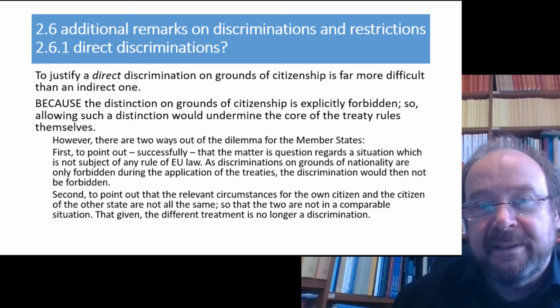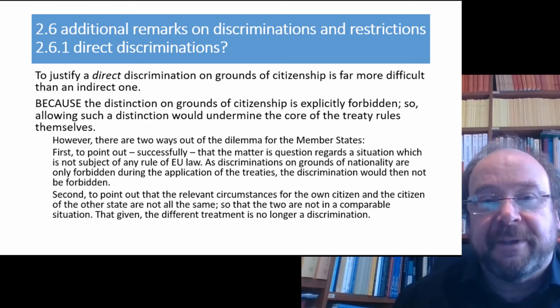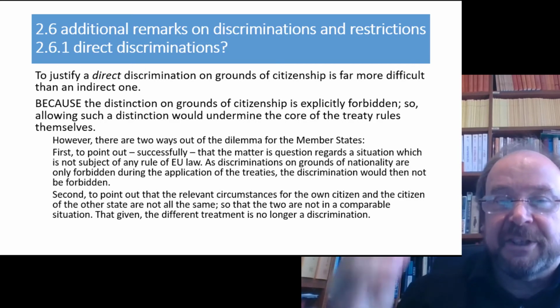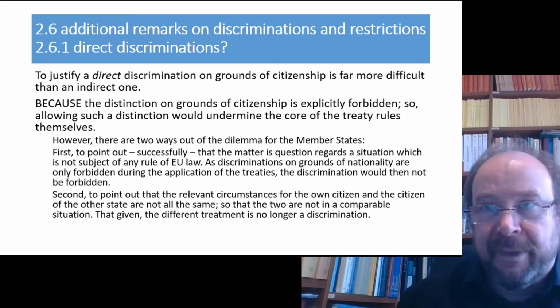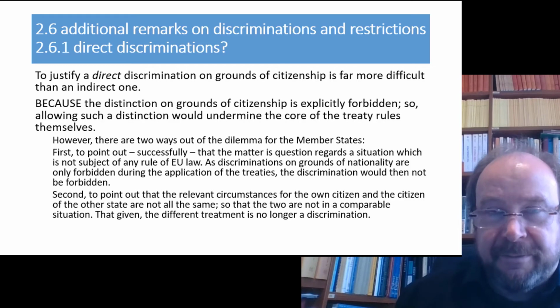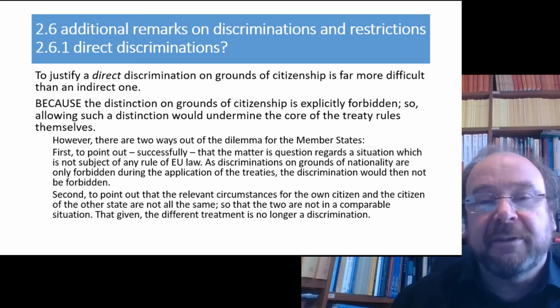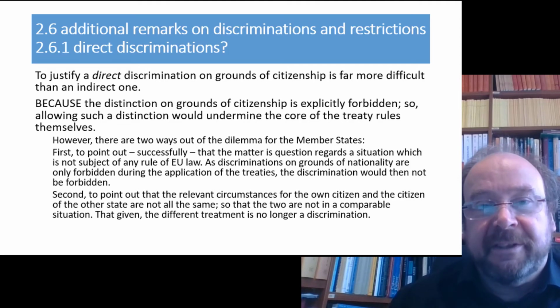It's nearly impossible to justify such a direct discrimination because it's forbidden to make distinctions on ground of citizenship. And so if only citizenship leads to the distinction and all the rest of circumstances can be the same, then it's clear that there can be no justification.